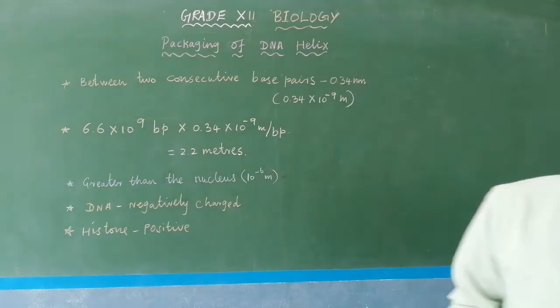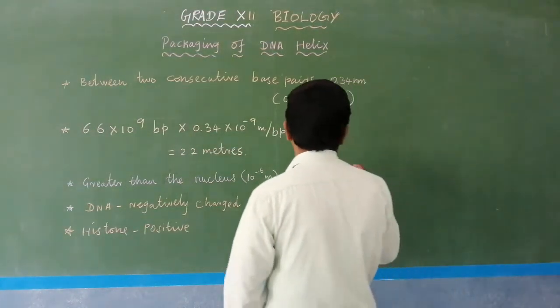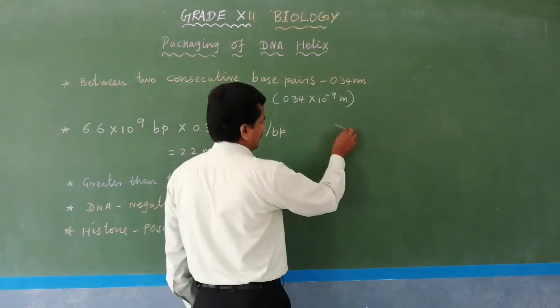Normally we know DNA is a double helical structure, in a human being.